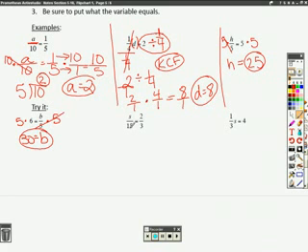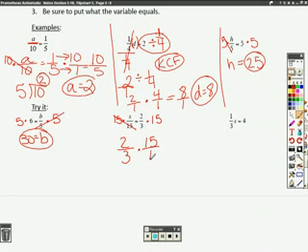The second one, we've got s divided by 15 equals 2/3. So who's bothering the variable? 15. What's happening between them? How do you get rid of it? Multiply by 15. That gets rid of it because it's 15s over 15, which gives me 1s when I divide. Then times 15 over here. I'm going to rewrite my problem down here.